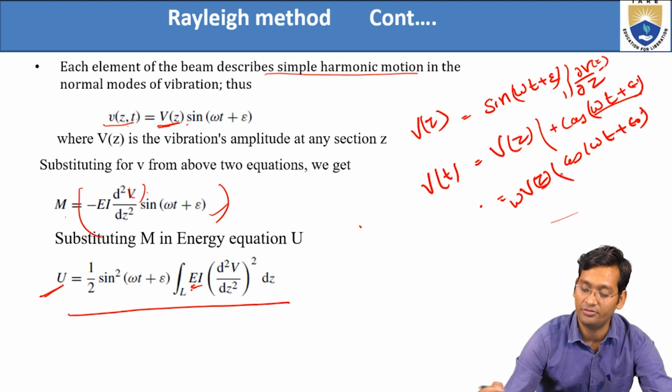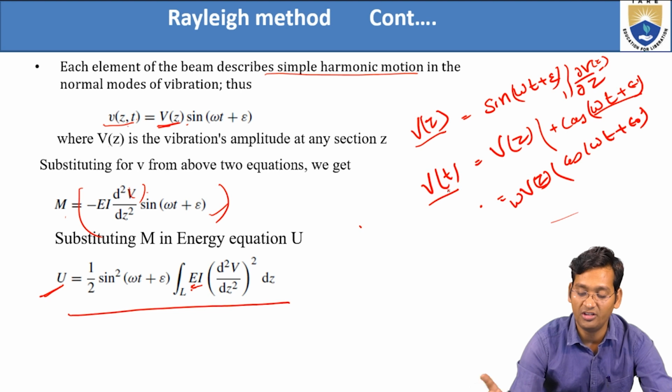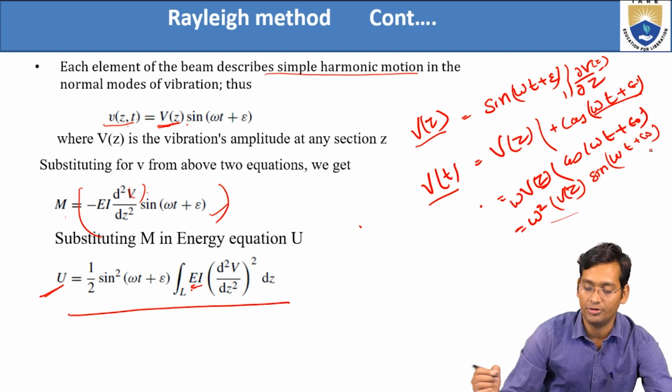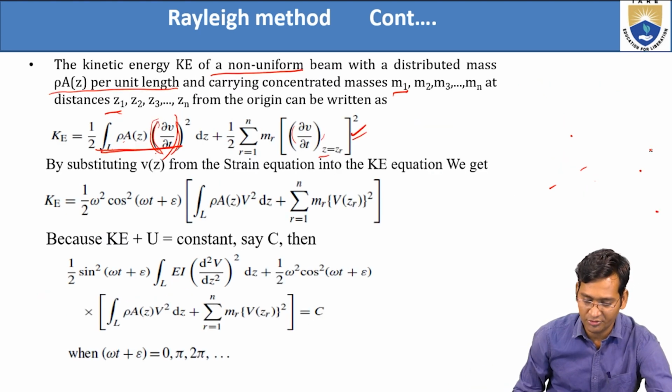So this is differentiated with respect to t, this is with respect to Vz. Again you can differentiate because double differentiation is there, so this becomes ω² of Vz, and cos becomes sin(ωt + ε), right? So just like that we have to substitute here.